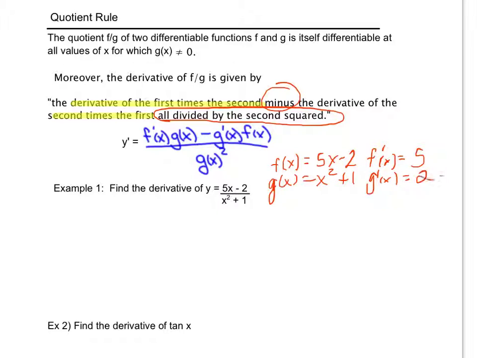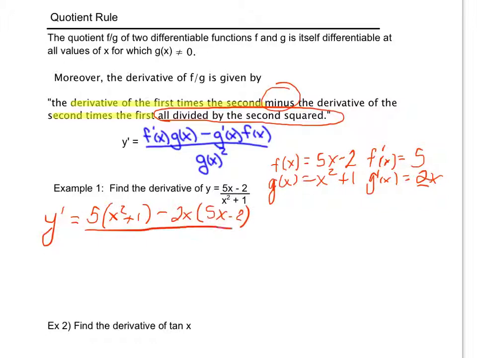I need the derivative of my bottom function, 2x. So now, calculating the derivative of my given function, I get y prime is the derivative of the first times my second function, minus the derivative of my second times my first function, all over my second function squared.